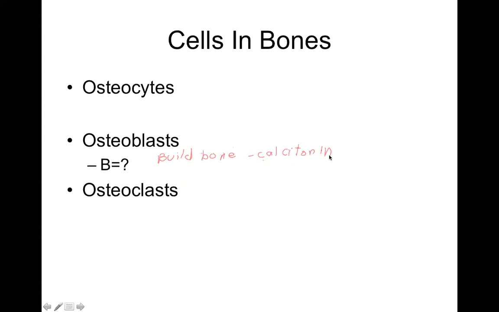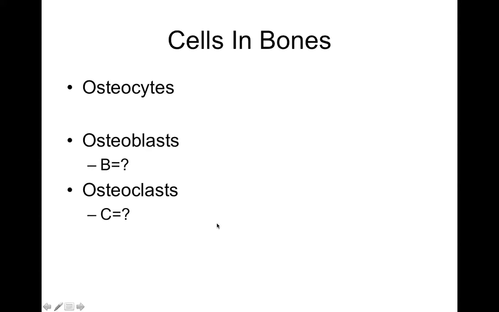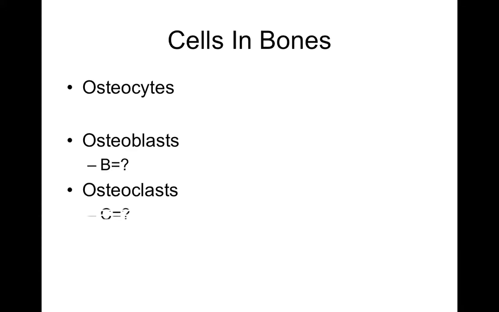Okay. And then osteoclasts, these break down bone, cause bone resorption. And osteoclasts are affected by the parathyroid hormone.